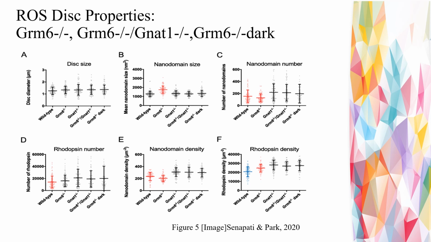ROS disc properties consist of GRM6, GNAT1, and GRM6 GNAT1, again housed under cyclic light conditions, and housed for 10 days in complete darkness.